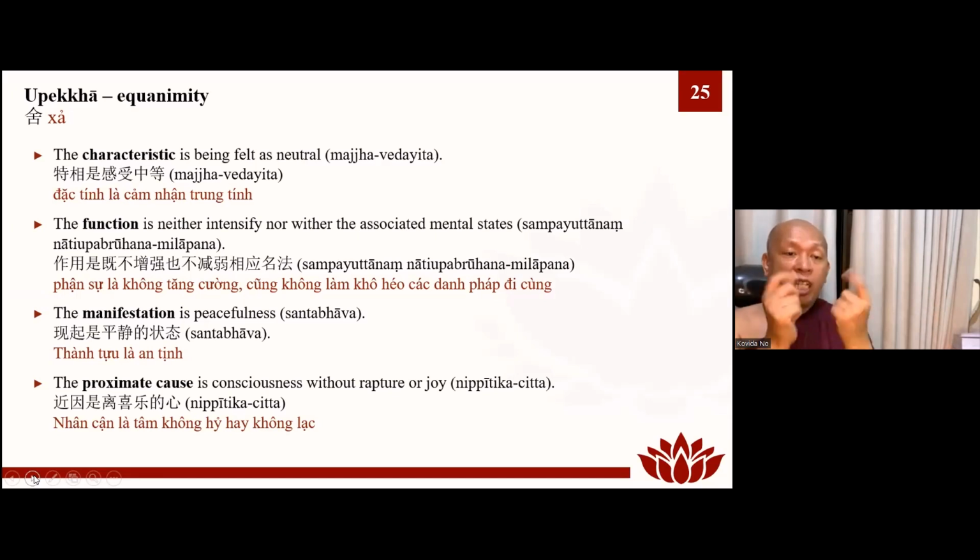We call it contact. Phassa cannot enjoy the object, but we use vedana, we say feeling. Mind also can know the object, using feeling. Different functions, different angles. For example, phassa can contact the object, mind also can know the object, but phassa cannot feel like feeling.